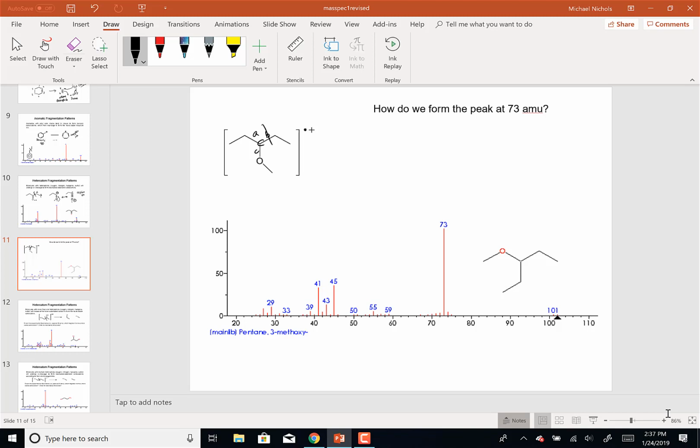All right, so we cleave B. And what do I end up with? I end up with my plus charge here. Now, there is an H there that we probably shouldn't forget about. So there's my plus charge. Can I draw the resonance structure for that?